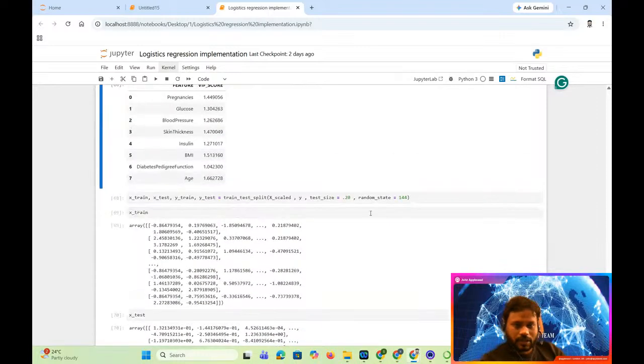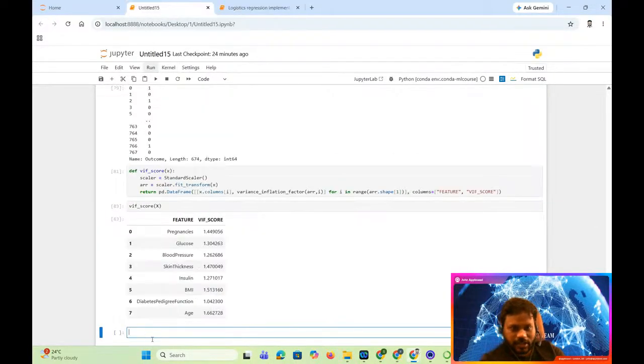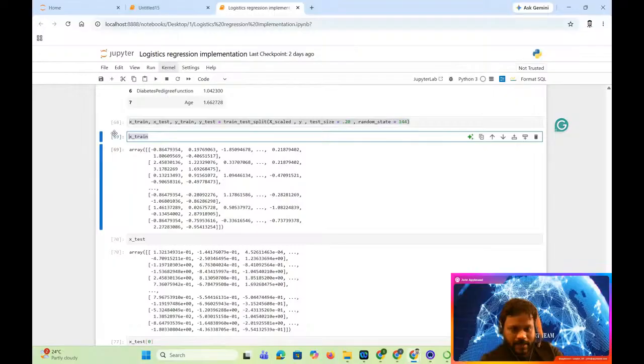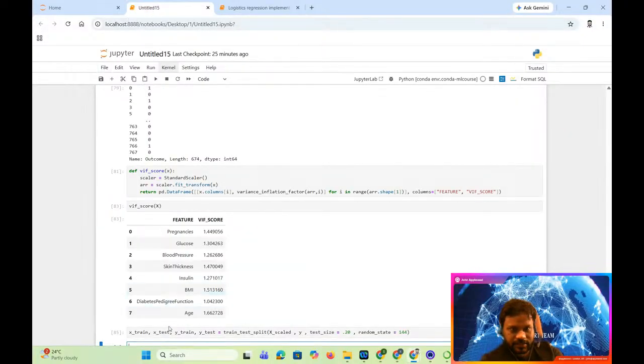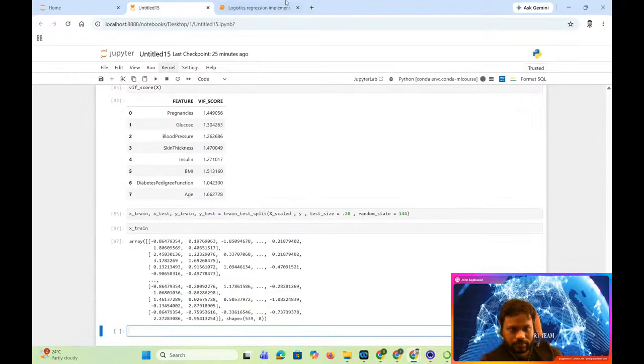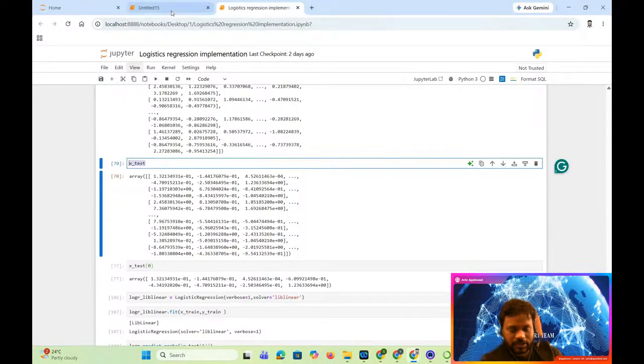And now I'm going to train the data and test the data and see the beauty of this code. Xtrain array is this. Xtest array is this.